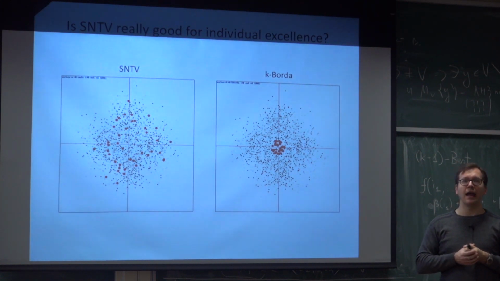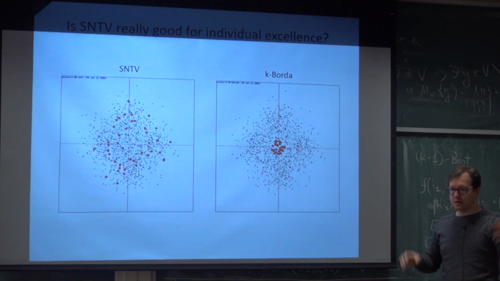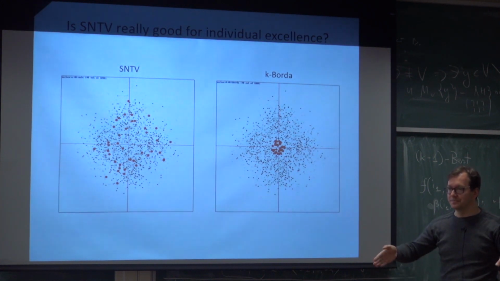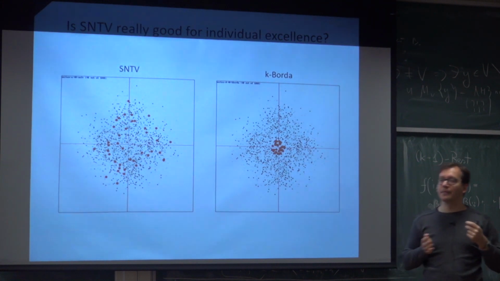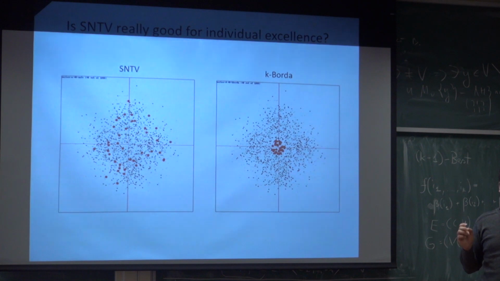Every World Cup competition in ski jumping gives you a ranking of candidates. That's just like an election. If you collect all of them, you have a full election. What the journalist did was simply look at how many times a given ski jumper had won a World Cup event. So essentially what he used was exactly SNTV.